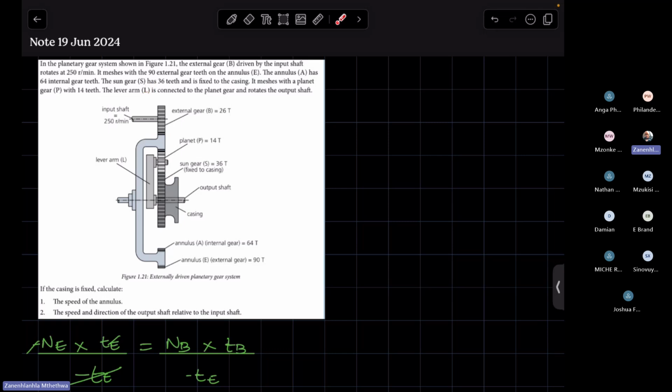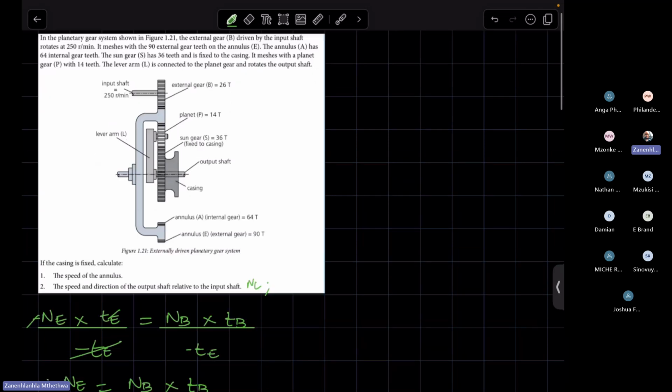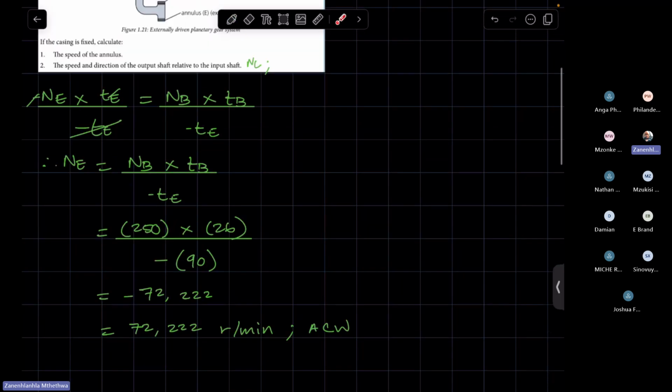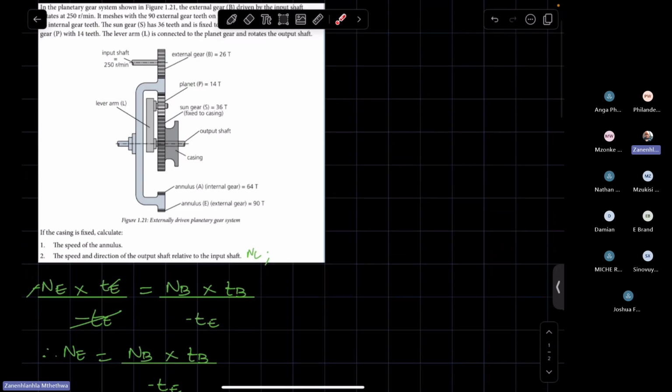So out of the 3 things that you need to complete the third condition, you have what you're looking for. We are looking for NL. So you have what you're looking for. Now you need 2 other assumptions, one of which is NE, the annulus.